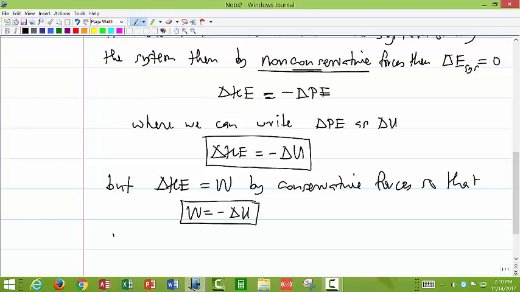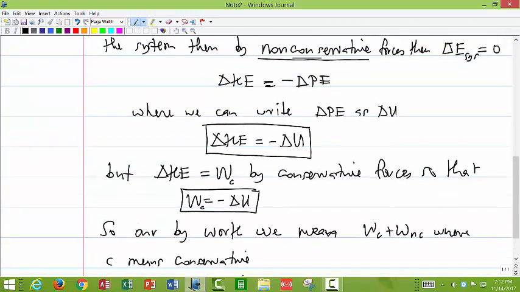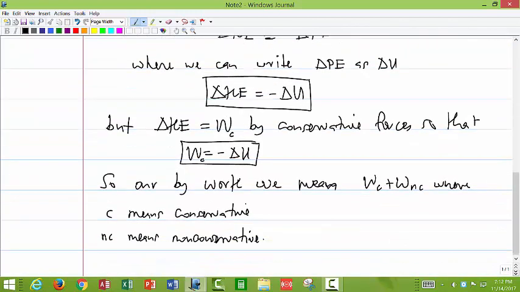Okay, so when we talk of total work done, we are talking of work done by both conservative and non-conservative forces. So the work done by the conservative force is the work done WC. Okay, and work done by non-conservative force is the work that we are saying is equal to 0.